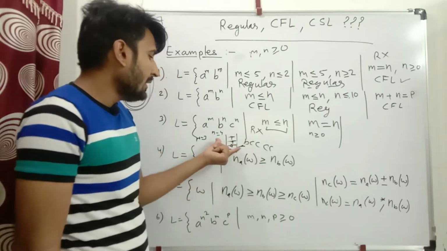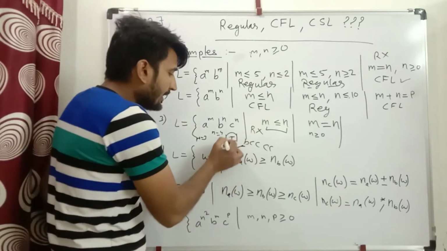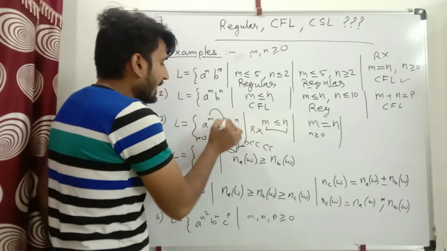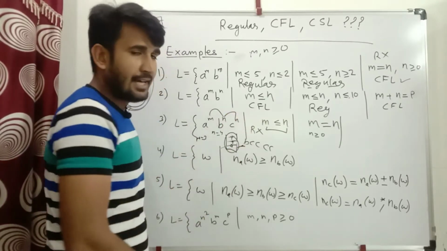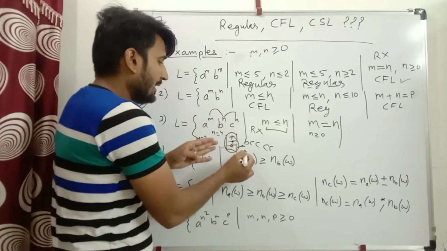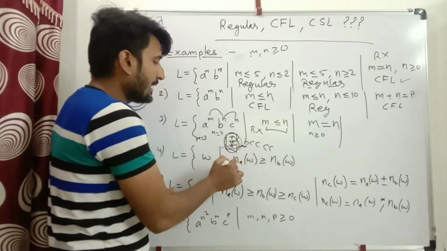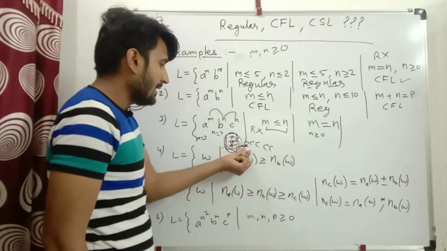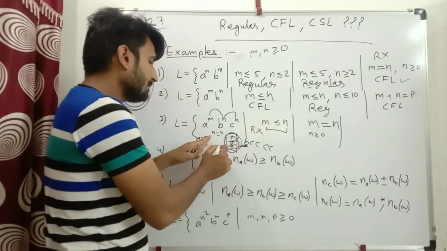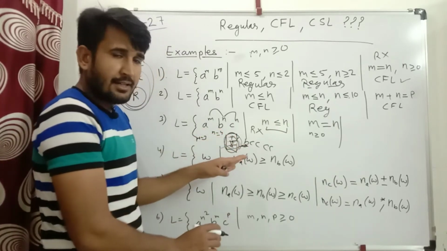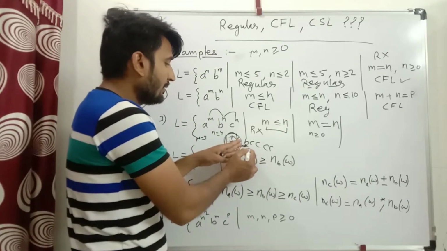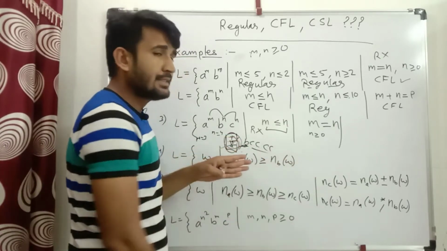It can't be CFL because we cannot compare m, n plus n. We compared all the b's with the a's, and one more b is there, but we cannot compare with the remaining c's.